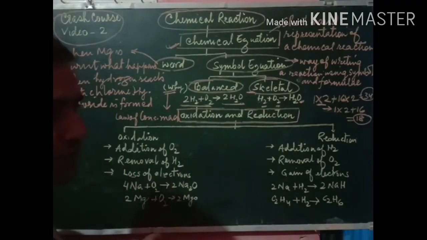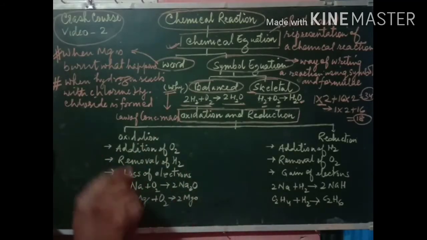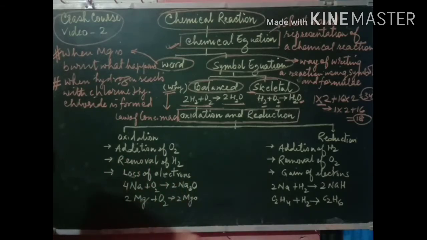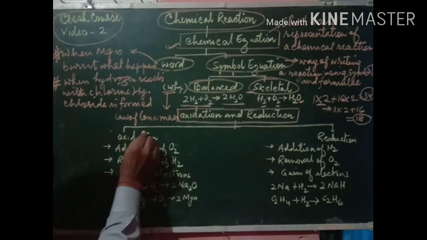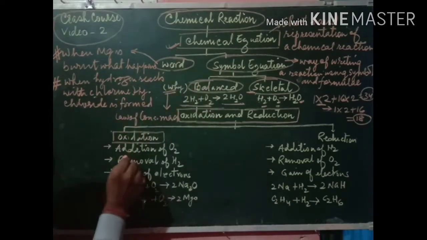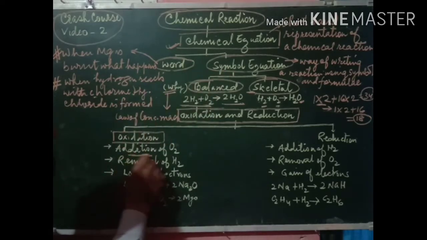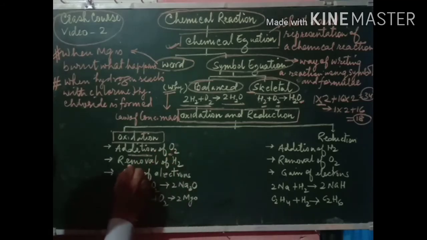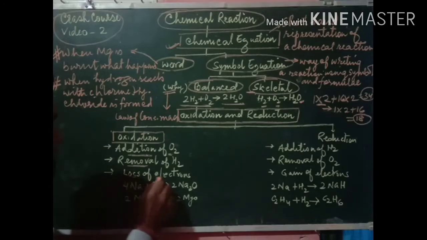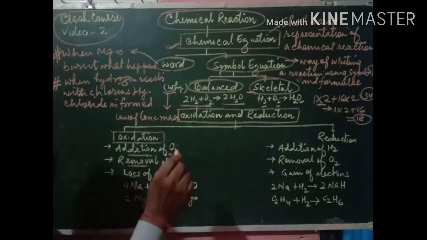As in the first video, I also told you that respiration is also an oxidation, digestion is also an oxidation reaction. How can you say that? So here oxidation is a chemical reaction in which there is the addition of oxygen or removal of hydrogen or loss of electrons. Understand?